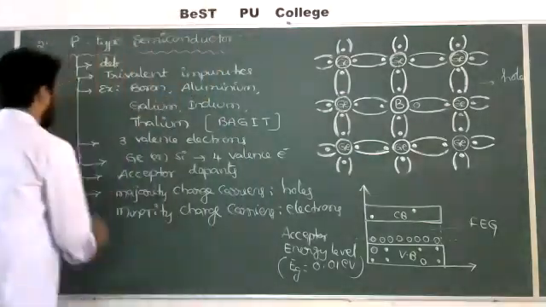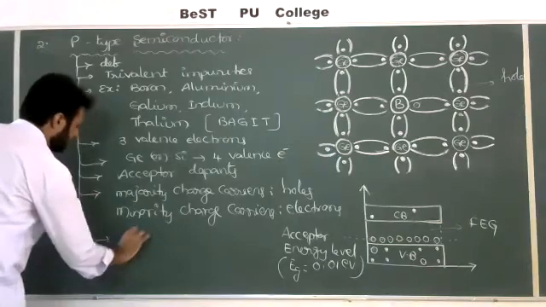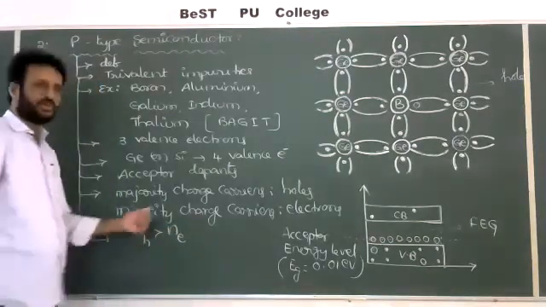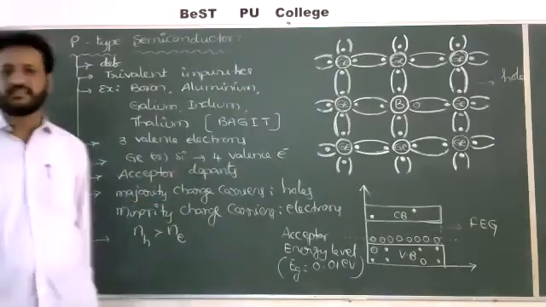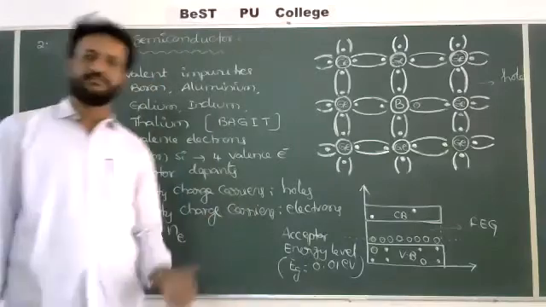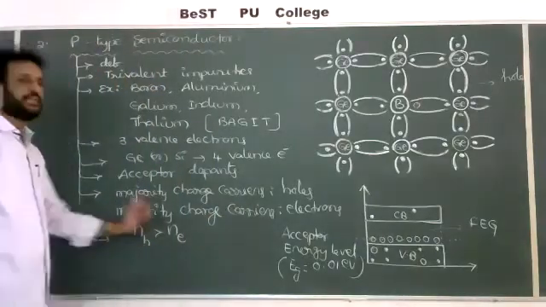So in short, we can write like this: NH greater than Ne, which means the number of holes is greater than the number of electrons.